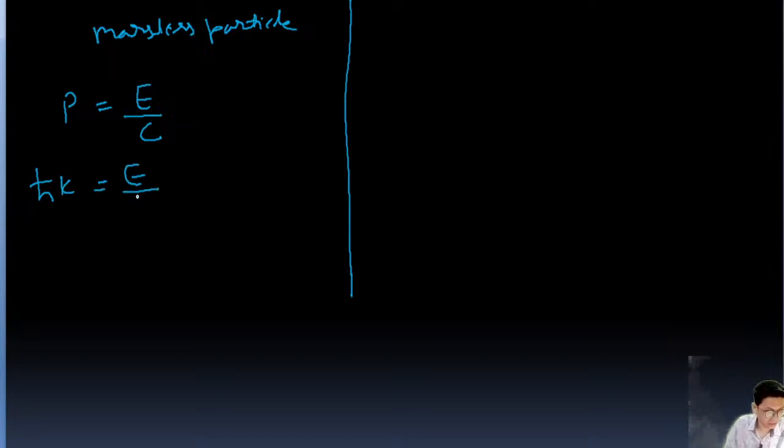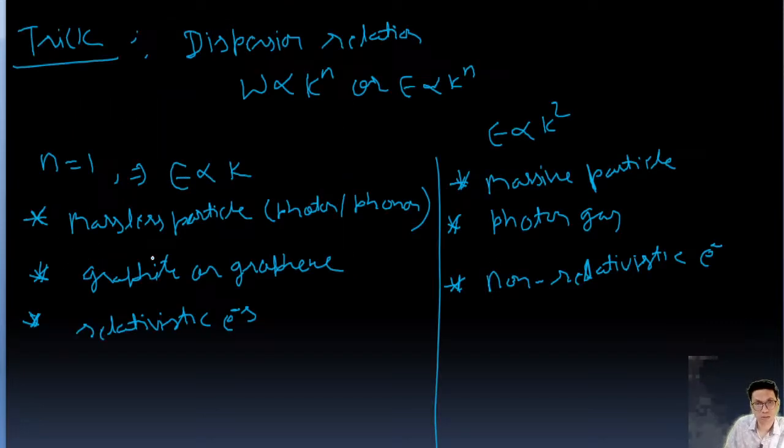The value of p is h cut k. So that implies k is proportional to E, that E is proportional to k. That's why E is proportional to k.